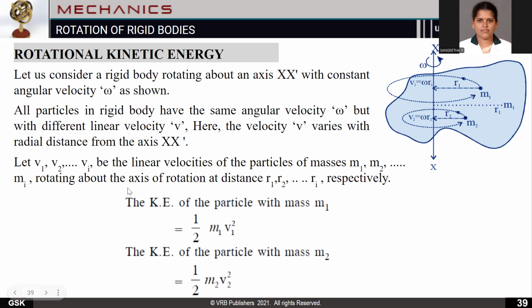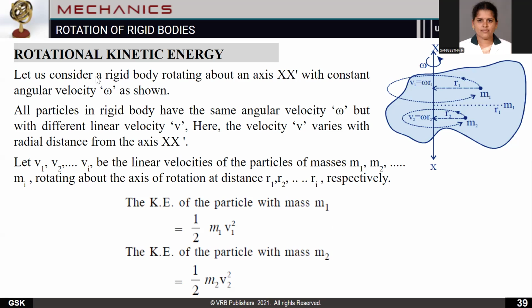So we can consider there are n number of particles, and each particle will have a different linear velocity. Let v1, v2, v3, etc. up to vi be the linear velocities of particles of mass m1, m2, etc. up to mi, rotating about an axis of rotation at distances r1, r2 up to ri respectively.